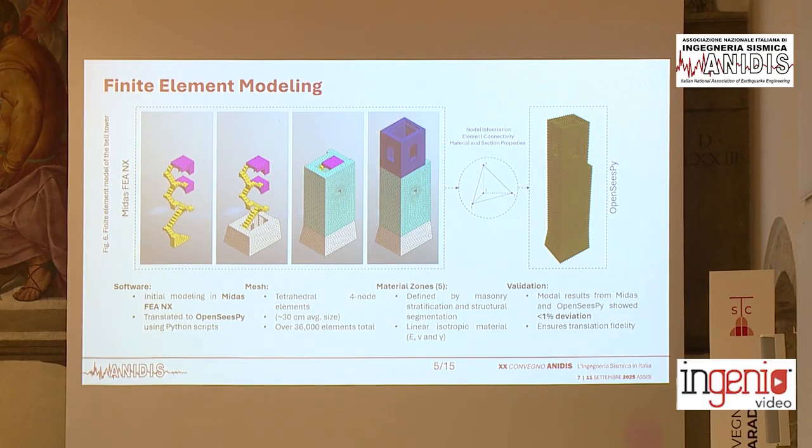then the model was translated to OpenSees, utilizing transformation of nodal information, element connectivity data, and material information, using the scripting capabilities of OpenSees based on Python with the Pandas library.